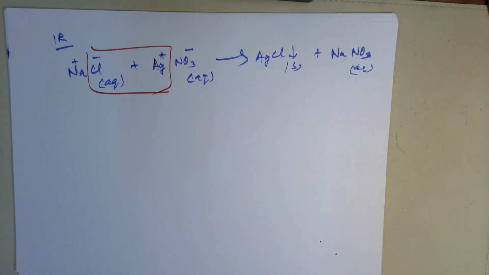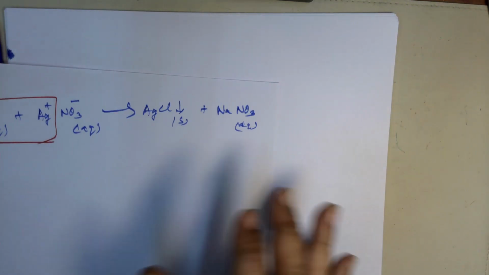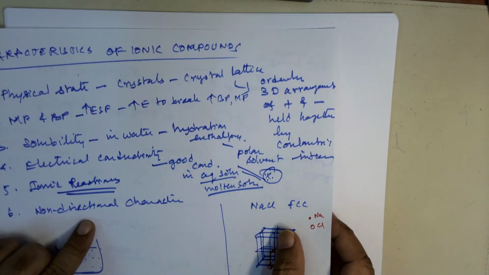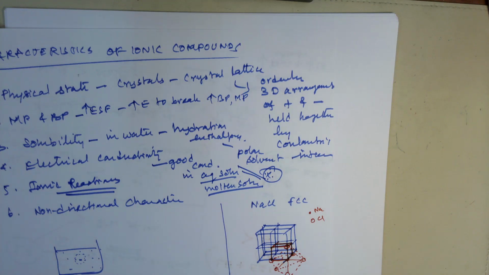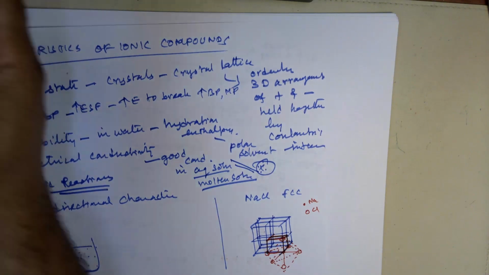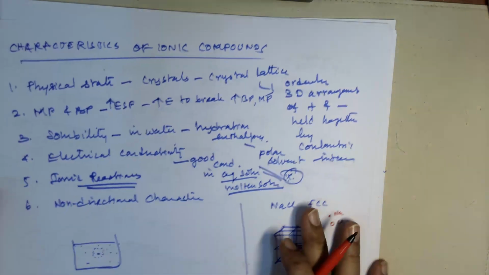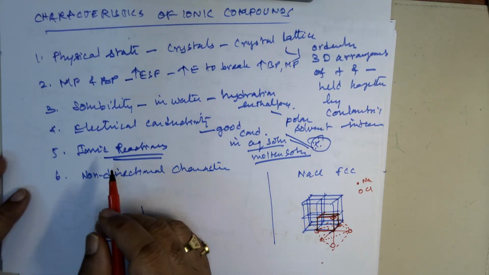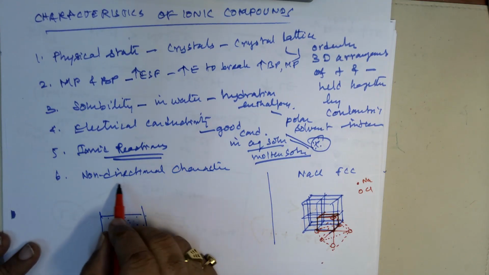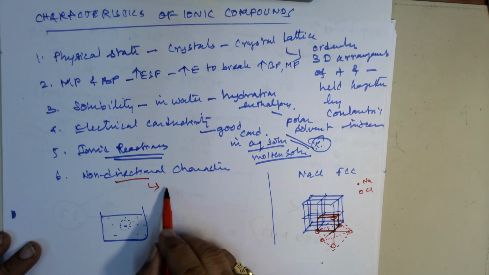Then, I was explaining about, what is the last one? Non-directional character. Okay. So non-directional character is these ionic bonds are generally non-directional.